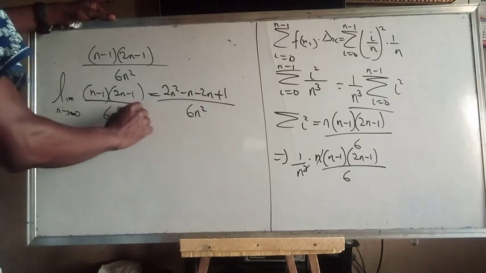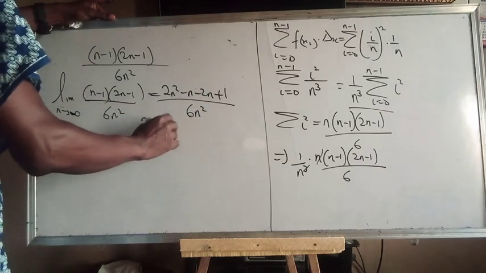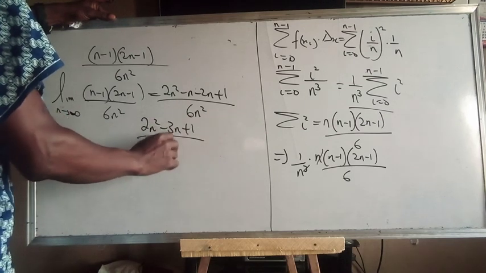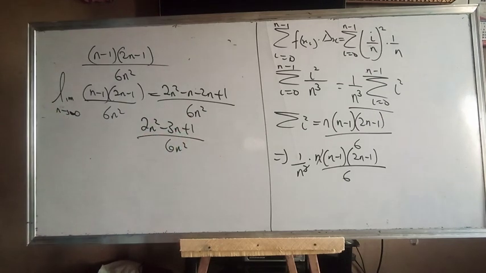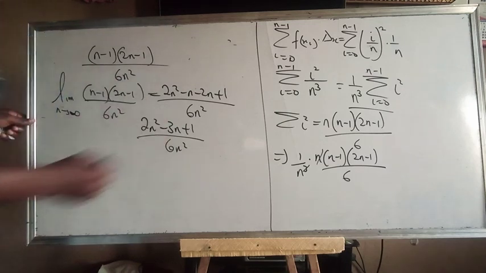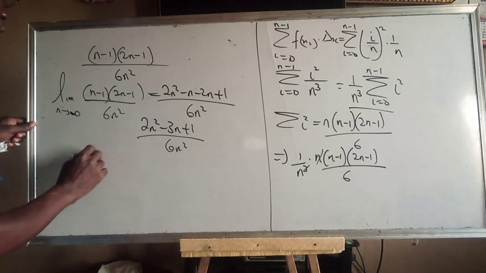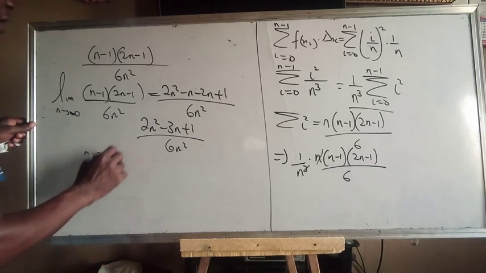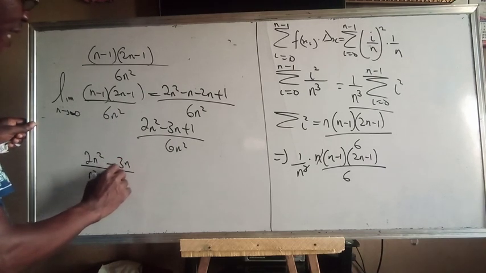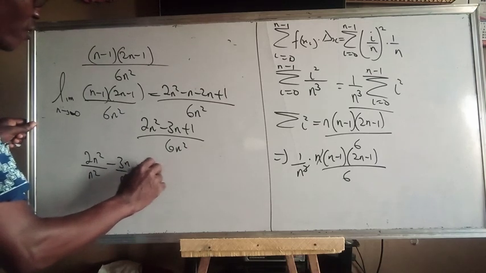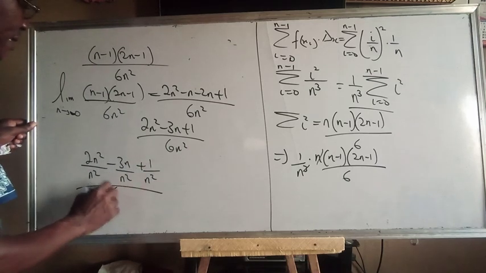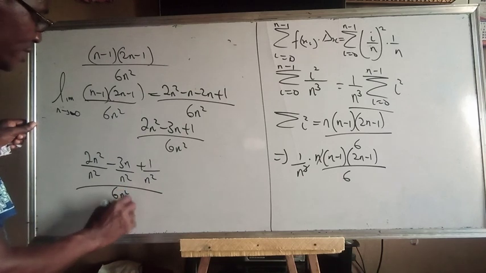So that will give us 2n squared minus 3n plus 1 all over 6n squared. Now divide both numerator and denominator by n squared, which is the highest degree of n. So you have 2n squared all over n squared minus 3n all over n squared plus 1 all over n squared, all over 6n squared all over n squared.